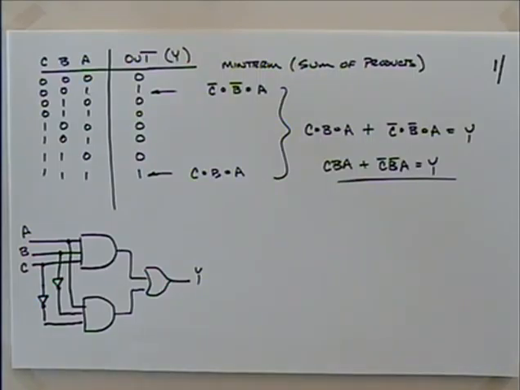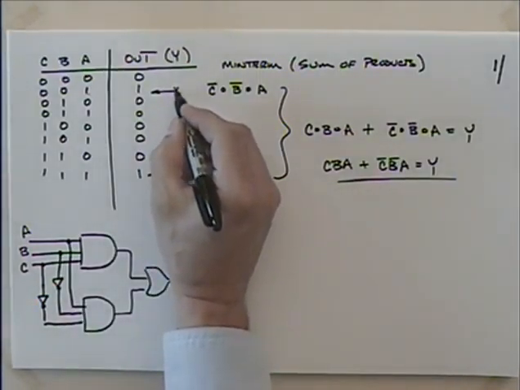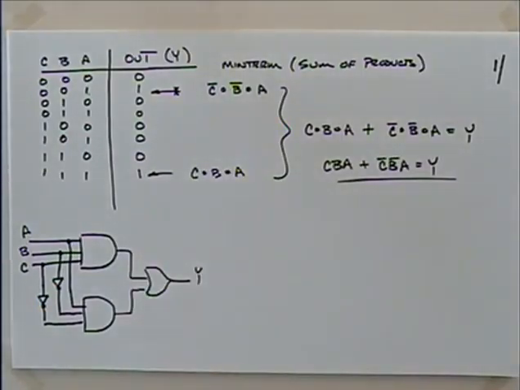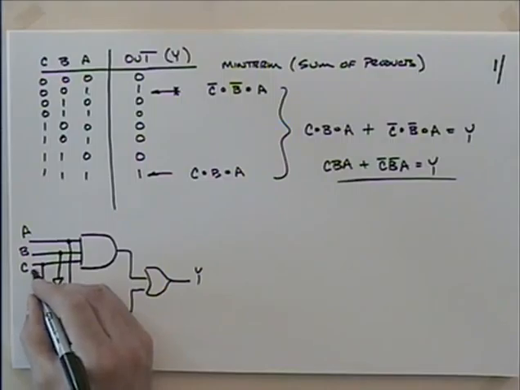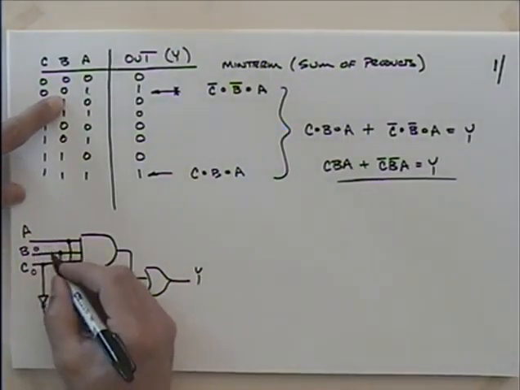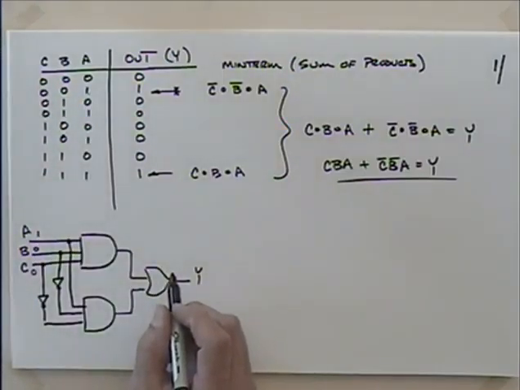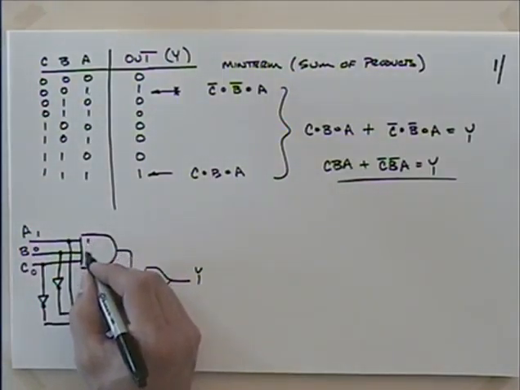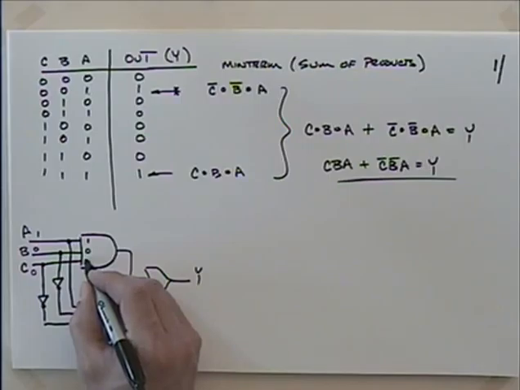So let's say I look at this first one here. If I do this one, I'm not going to go through and check all of these, but if I do that one, does it work out? So C goes in as a 0, B goes in as a 0, and A goes in as a 1. So I'm going to end up with a 1, 0, 0.